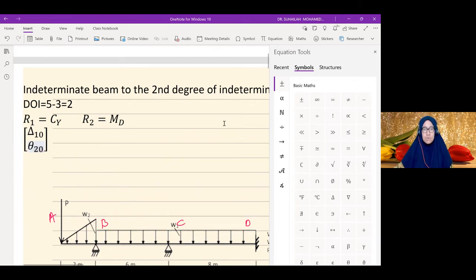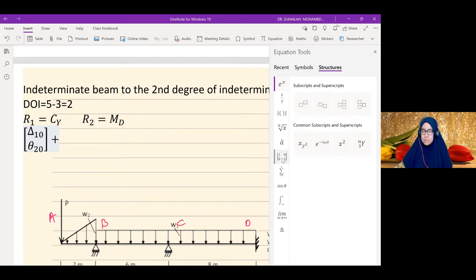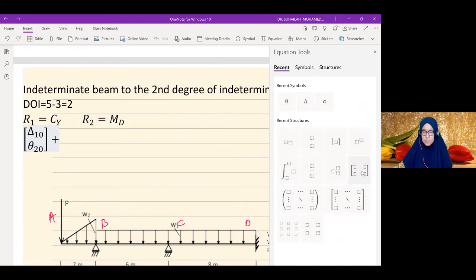It is delta theta 2 naught. Then we have to add the flexibility terms. Remember, we have two redundants, so we have a 2 by 2 flexibility matrix. All the small letter f represent the flexibility matrix. So we have a 2 by 2 matrix.